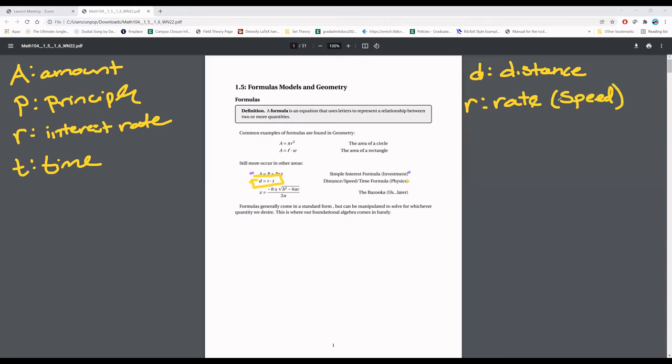You may be wondering why we don't just use S then. You can ask your physics instructors a bit about what the difference is between speed, velocity, what it means for something to be a vector quantity versus a scalar quantity, and why we would say R for rate instead of S for speed. T in this formula is also time. So the distance covered is a function of the rate of travel and the amount of time you travel.